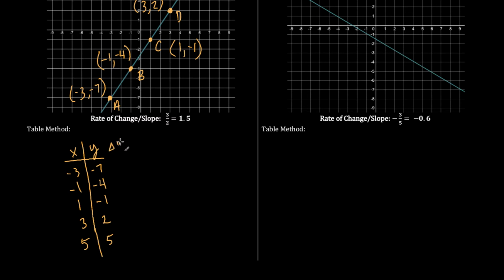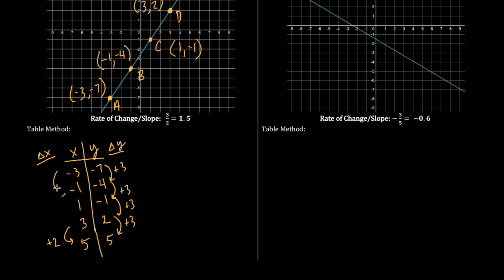So let's figure out our constant rate of change, our slope. So these look a little weird, so I'm going to go to the positive ones because they might be a little easier to look at first. So that's +3, and that's +2. Remember to make sure to write this change in y and change in x. So that's +3. Let's see if that's true here. Yeah, that makes sense. Good.